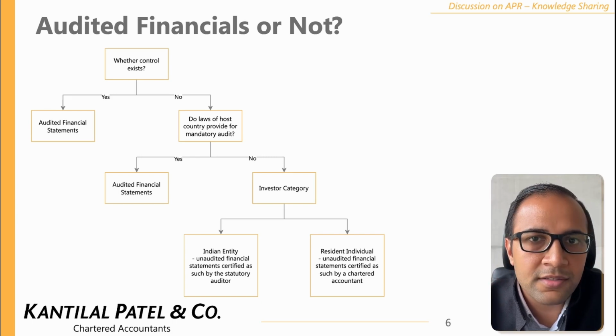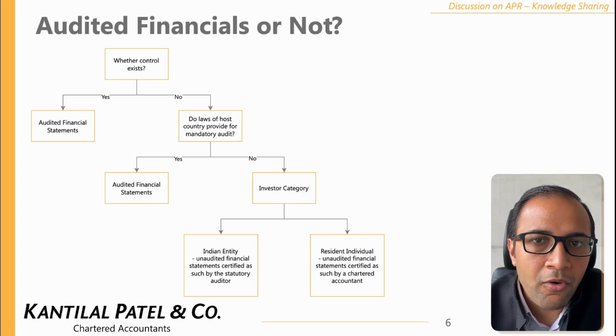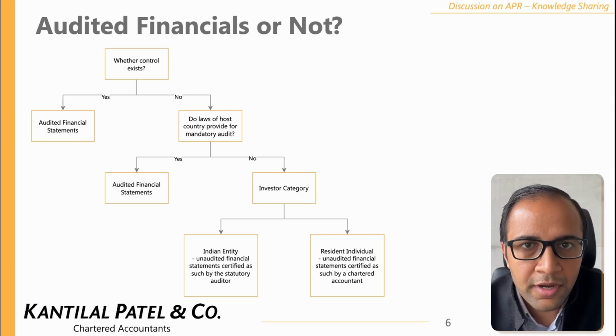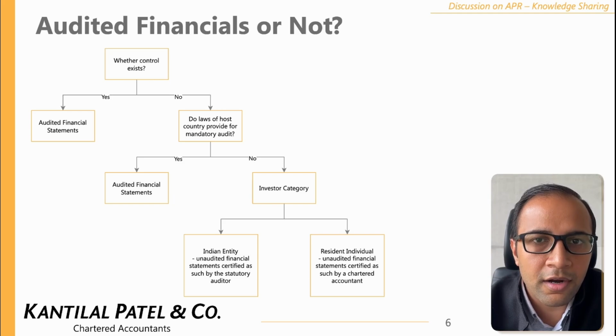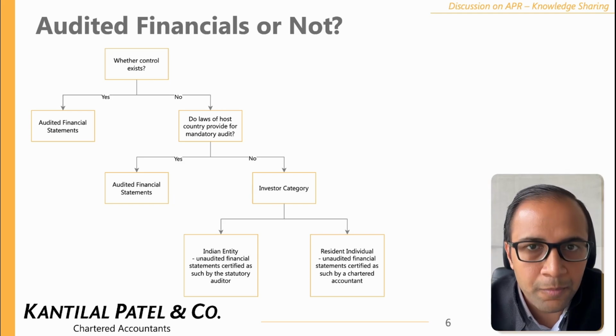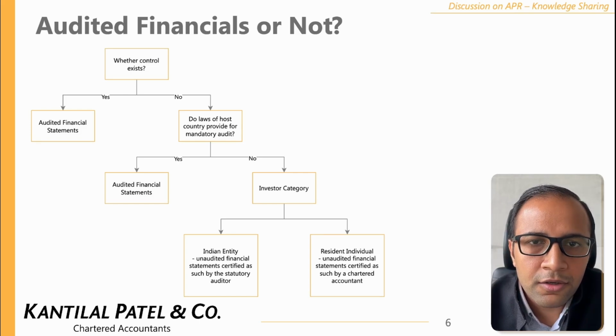And if control exists, then it is mandatory to file Form APR based on audited financials of the subsidiary or the overseas entity or the foreign entity. So the typical underlying factor is control. Then if control does not exist, we have to look at two things.